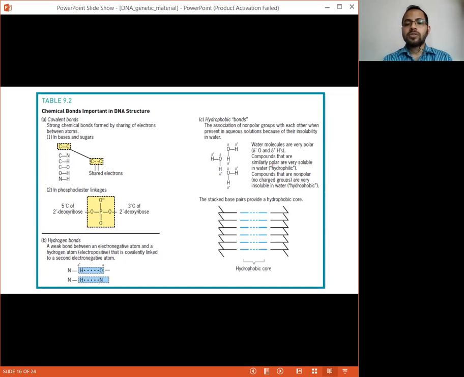I told you in the last class also, only the sugar phosphate is in the backbone of the DNA, and the nitrogenous bases are attached to this backbone.